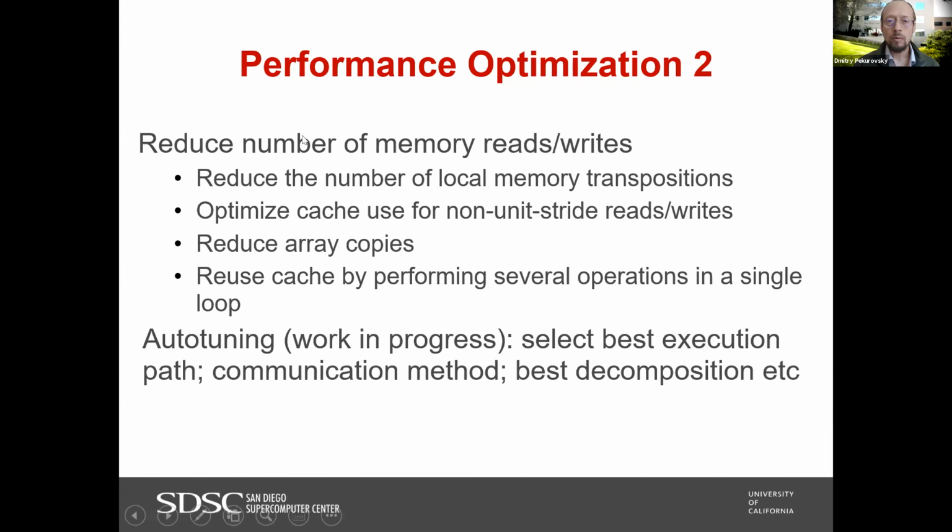There are also a number of other optimization features that we are implementing, basically reducing the memory reads and writes, because as I mentioned, memory bandwidth is really severely stressed. Reducing cache misses, reducing array copies, and so on. I don't think I have time to really go into detail here.